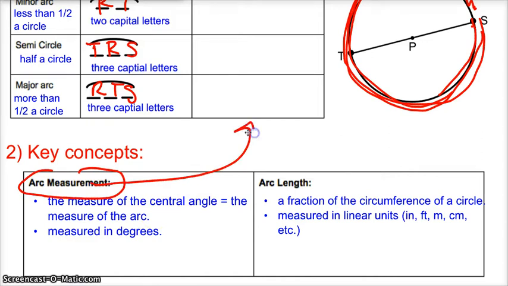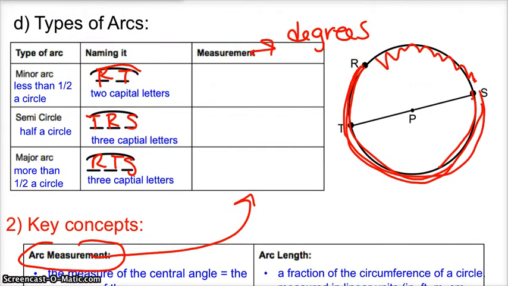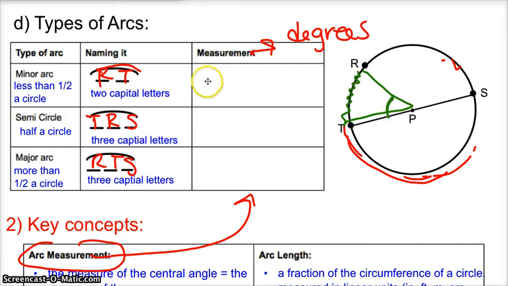So the idea here of arc measurement, when we talk about arc RT, it's the same as this measurement in here. What I'm really looking for is that the measurement of a minor arc is less than half of a circle.